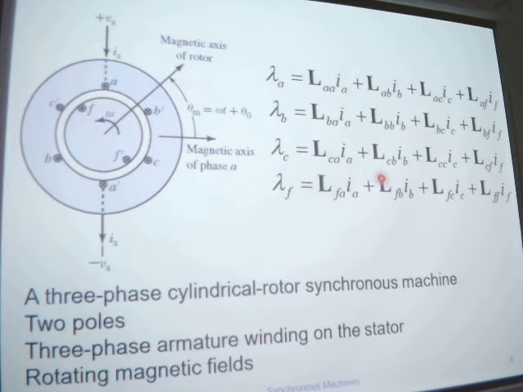So these are the equations of the circuit of the synchronous machine, and we should calculate the inductances.